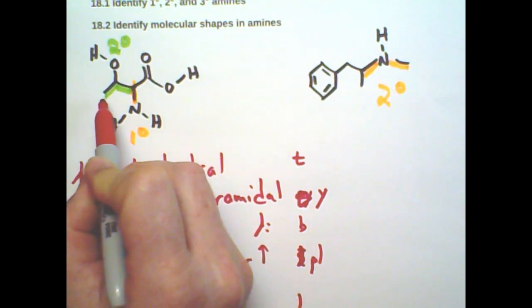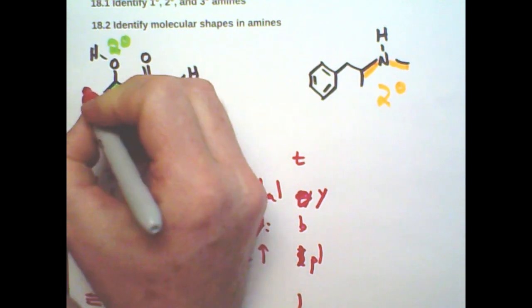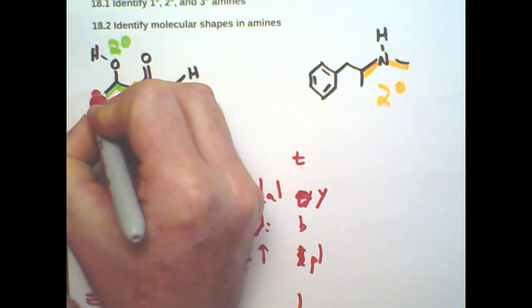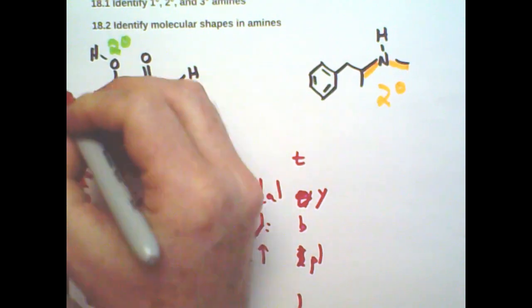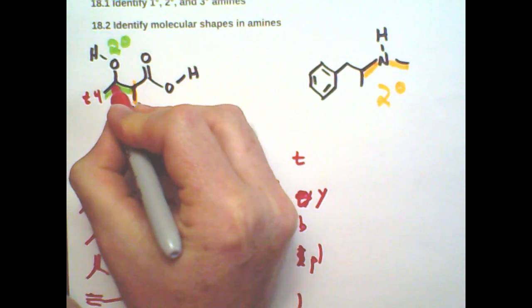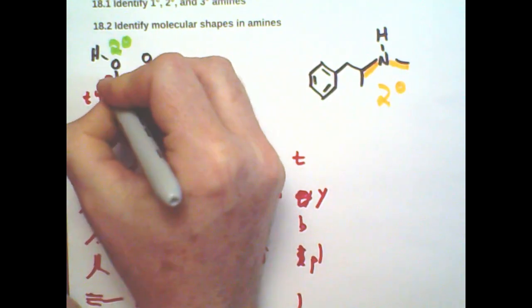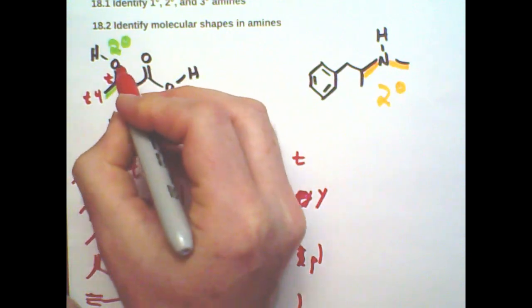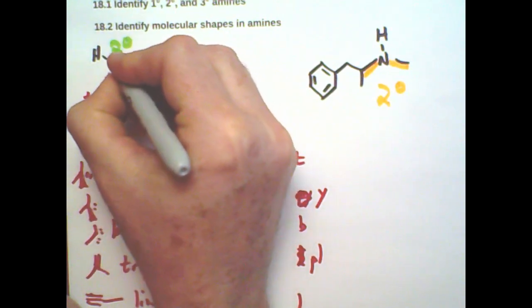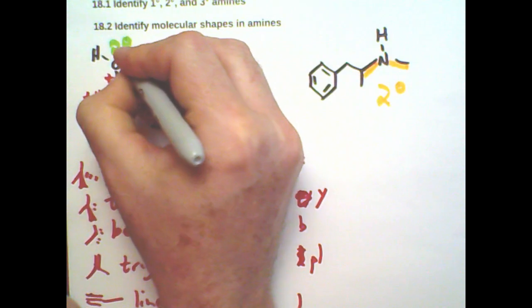We're looking for how many things are attached. This has 4, so it's tetrahedral. We go to this carbon. Also has 4 things attached, tetrahedral. This oxygen, 2 lone pairs, bent.